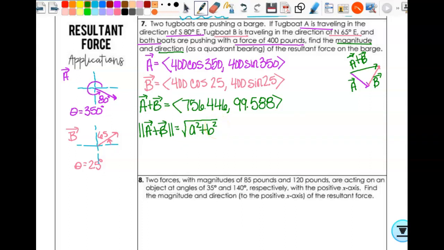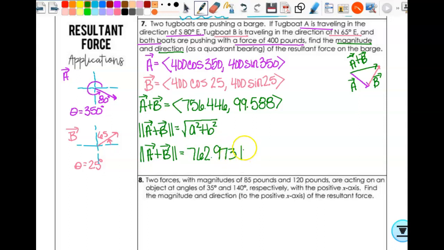So that's literally what you're doing in your calculator. You're going to do square root and then recall A squared plus recall B squared. And you should get 762.973.